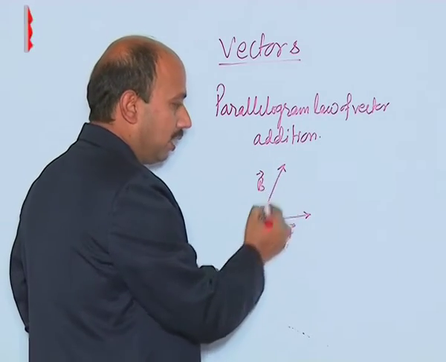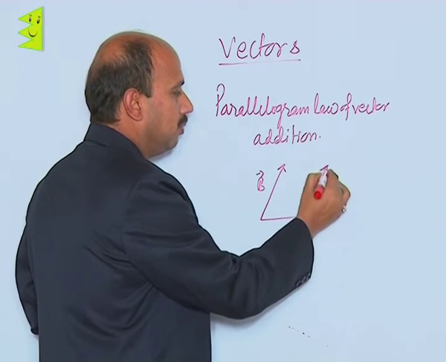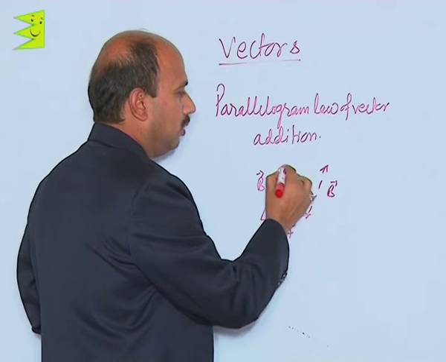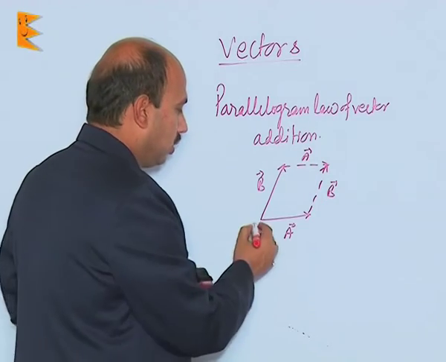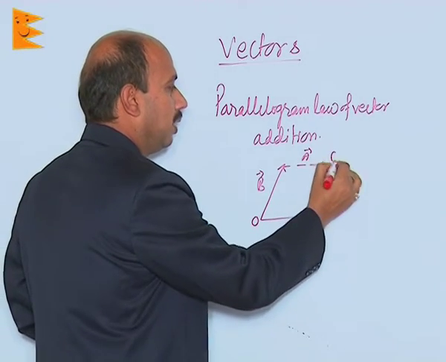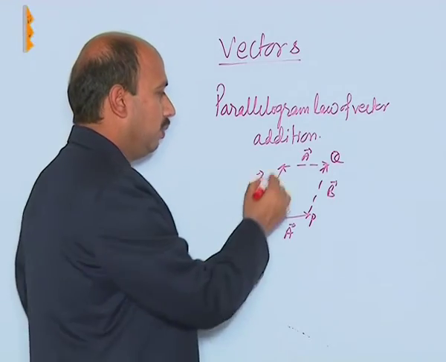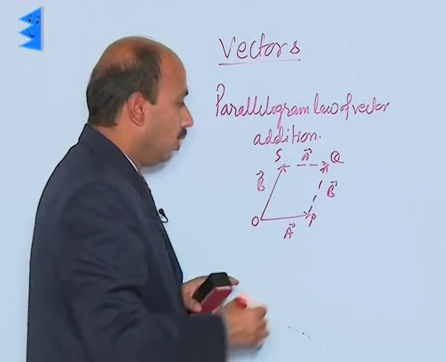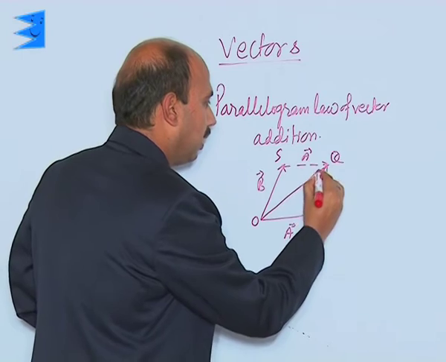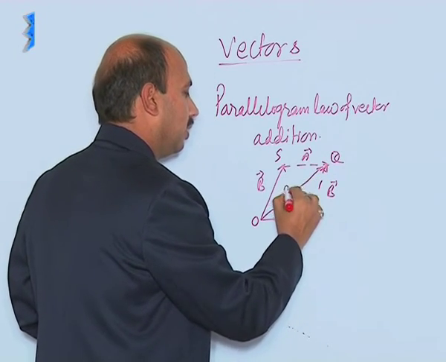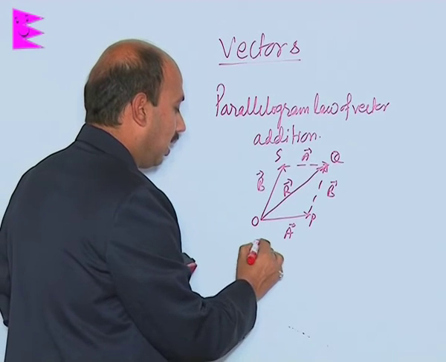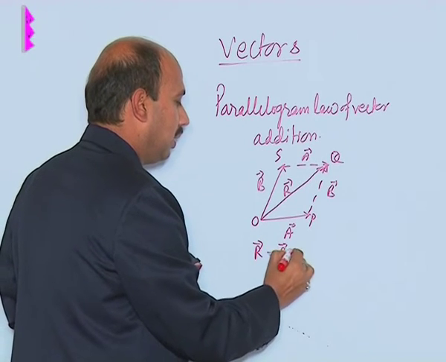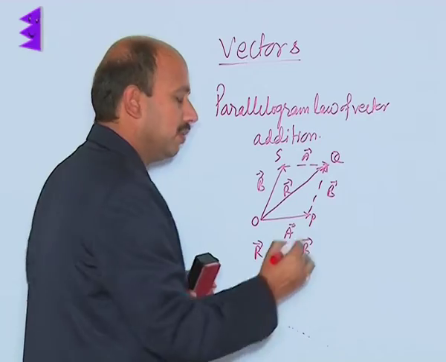Now, drawing a vector parallel to this side, this is B, and parallel to this one, this is vector A, you get this parallelogram OPQ, and here we can take S. Now the diagonal of this parallelogram represents the resultant vector of these two vectors. So we can write R is equal to vector A plus vector B.